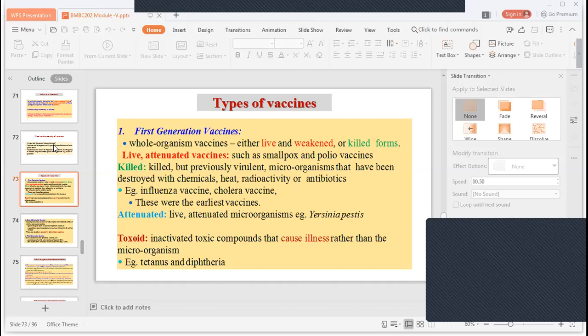Examples are the influenza vaccine and cholera vaccine, and these were the earliest vaccines. Live attenuated vaccine and killed vaccine were the earliest vaccines.